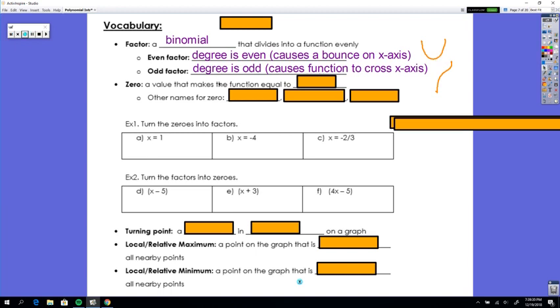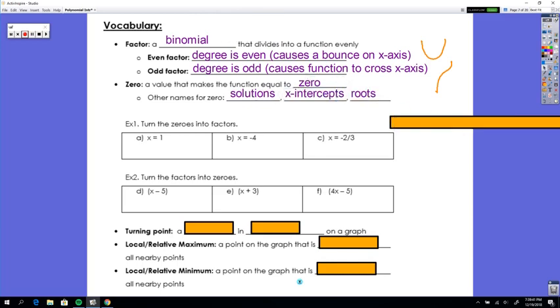The 0 is a value that makes the function equal to 0. Other names for the 0 are solutions, x-intercepts, and roots. If we were to turn these zeros into factors, which is backwards from what we did in our last unit, we would subtract 1 from both sides.